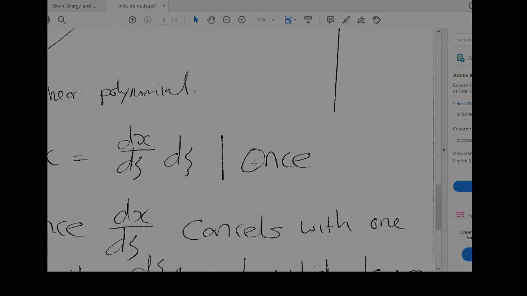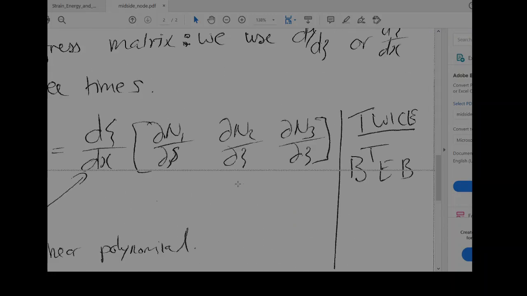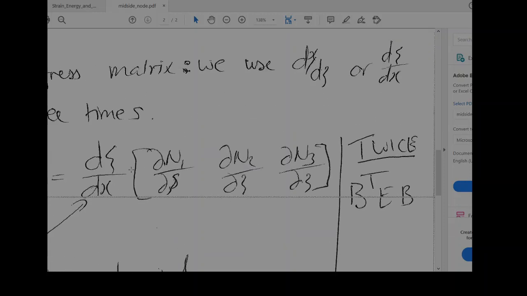Then we have the integration constant that we had, relating d psi to dx. That was the dx d psi, which is just this dx d psi that we had here. So what we have is 1 over d psi dx times another d psi dx, multiplied in the end by the dx d psi. One of those dx d psi's will cancel with one of these d psi dx's, but then I'll still be left with one of the d psi dx's.